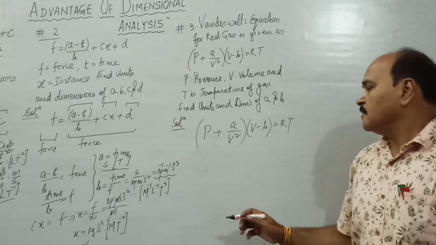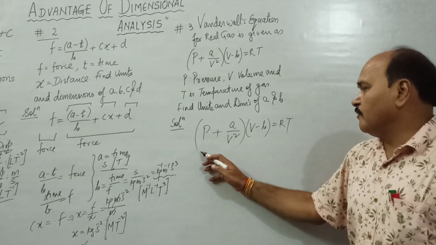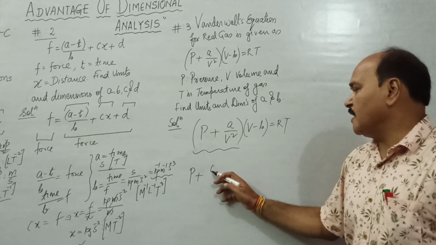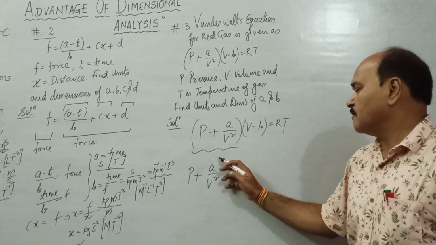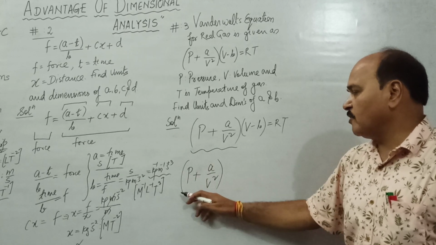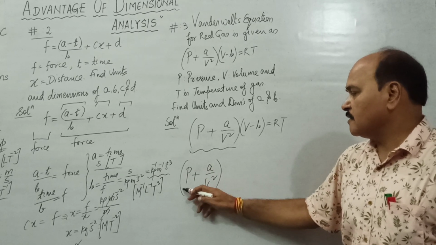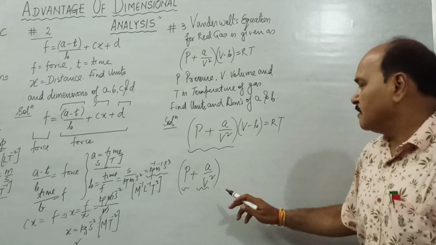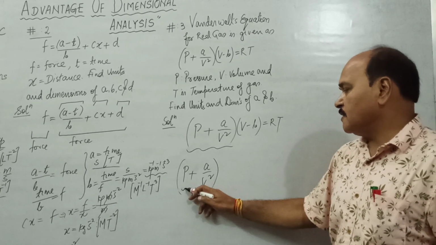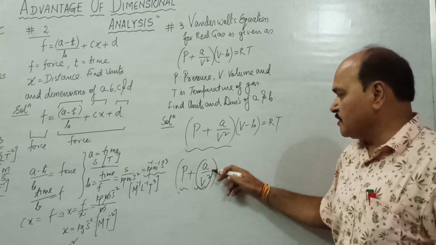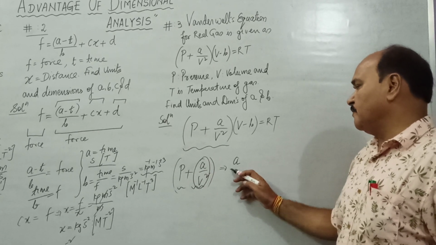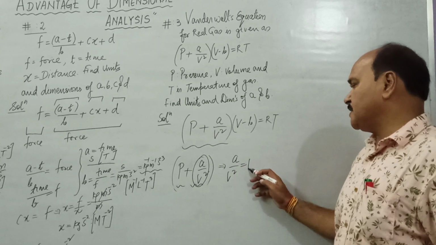Now see, if you look at this term, we are adding A upon V square with pressure. What does this mean? This simply means A upon V square has to be pressure.